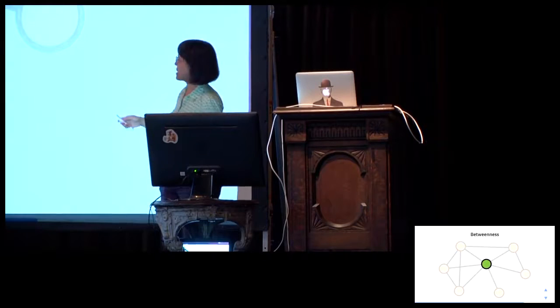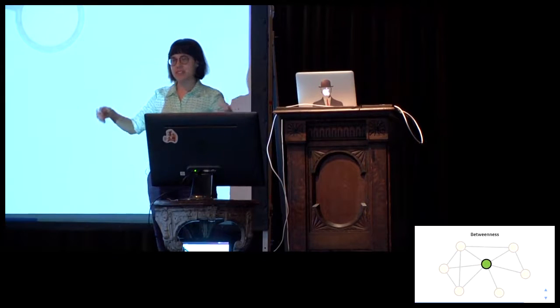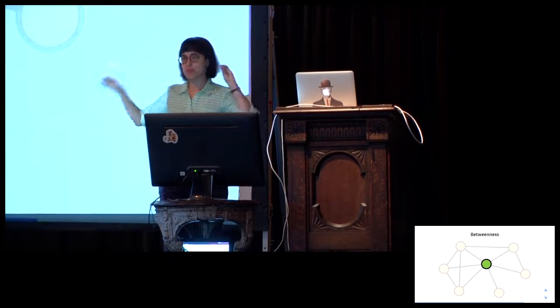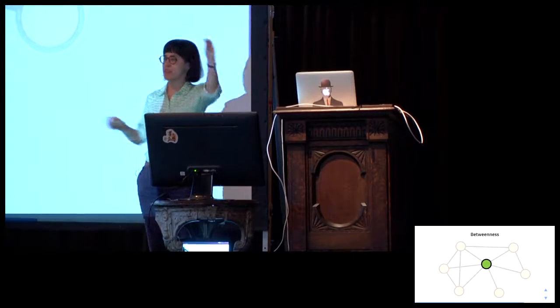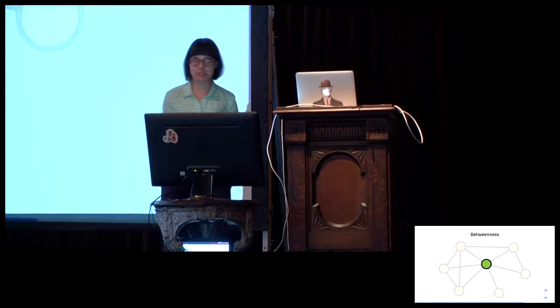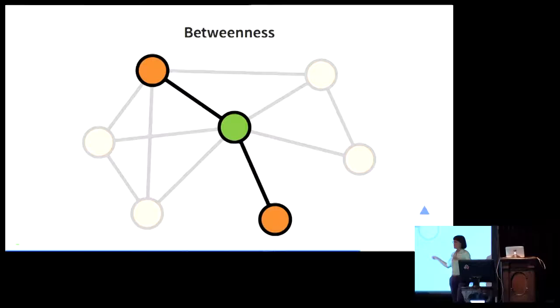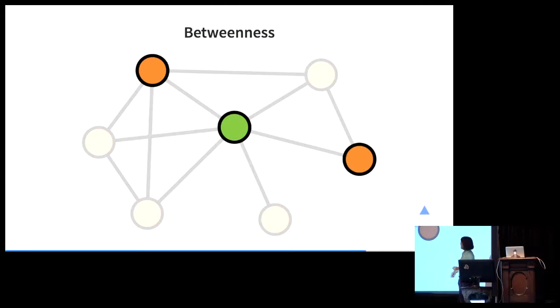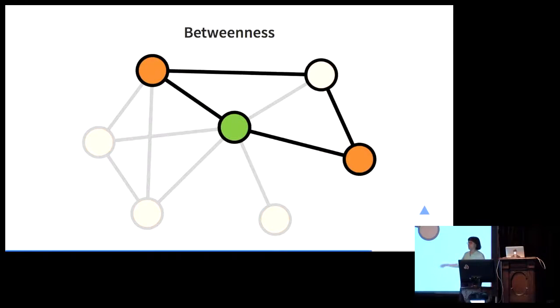The way it's computed is that I look at how crucial this guy is for communication between other nodes in the network. If I look at these two, the green guy is very important, because these two don't know each other, so they have to go through the green guy every time they want to talk. And if I look at these two guys, they have alternative ways of communicating as well, so the green guy is less important for communication.